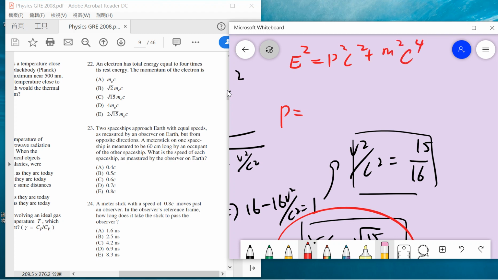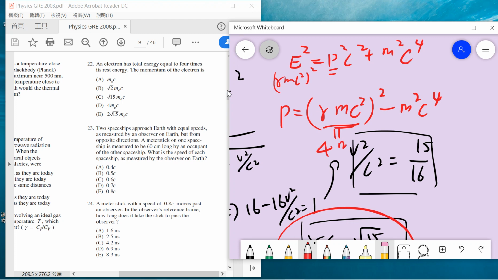So we can solve for the momentum using this equation, and maybe we don't have to solve for v. Since E is 4 m c squared, we have 15 m squared c to the fourth equals p squared c squared, and we can divide c squared from both sides.